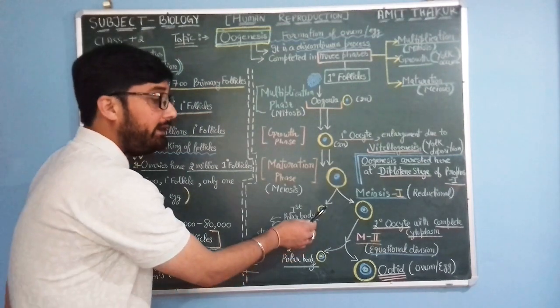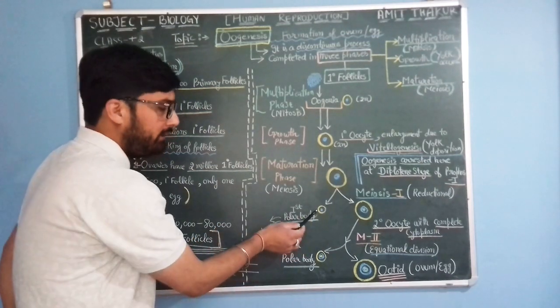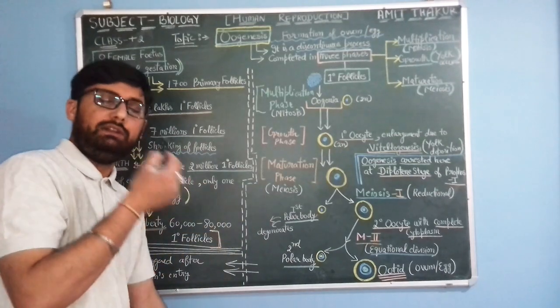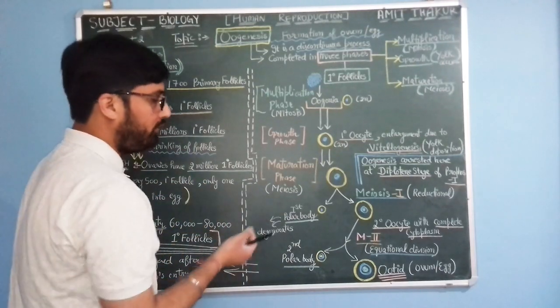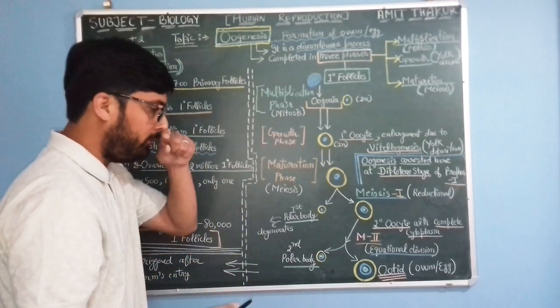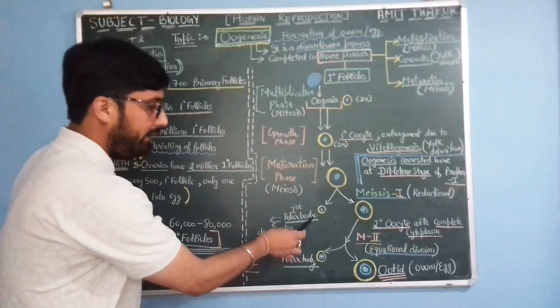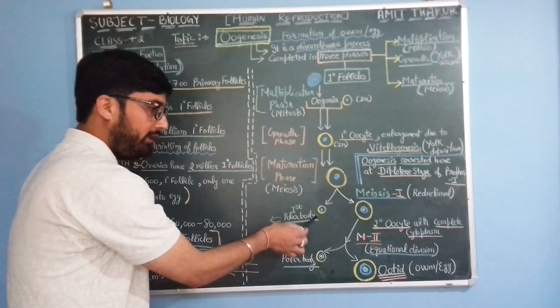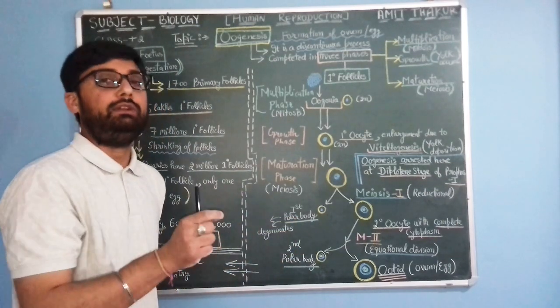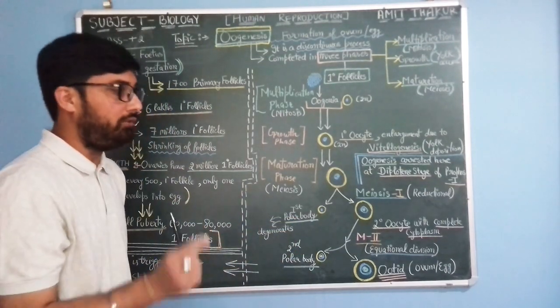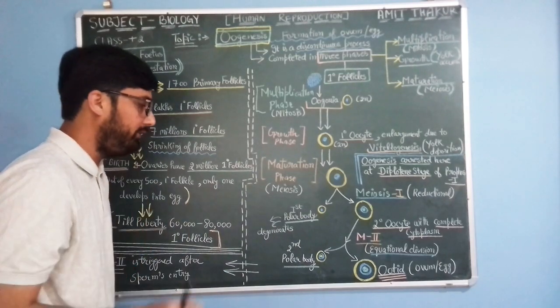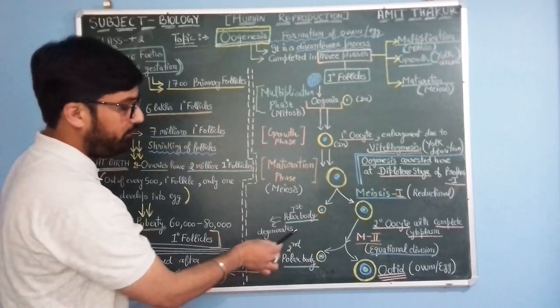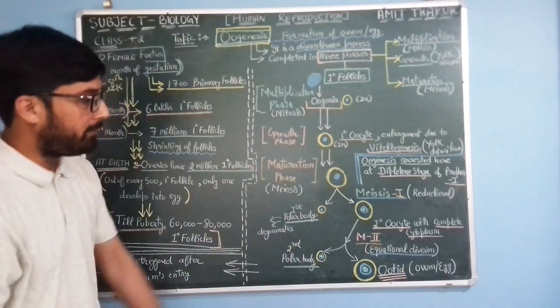And due to uneven distribution of cytoplasm, this one would get very little cytoplasm. That's why it would not grow to the size of the normal secondary oocyte and is known as polar body. So it is the first polar body which is the product of uneven distribution of cytoplasm during meiosis 1 or reductional division. This first polar body would degenerate later.